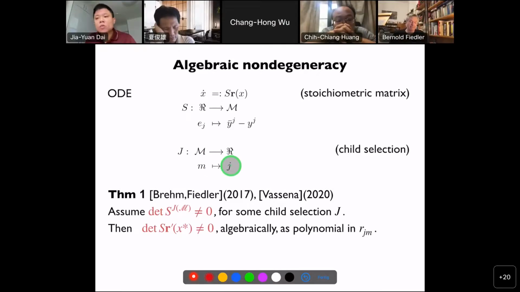And it's just a map. We are saying each metabolite may have various reactions in which it can enter, which it can affect. We call these reactions the children of the mother M.